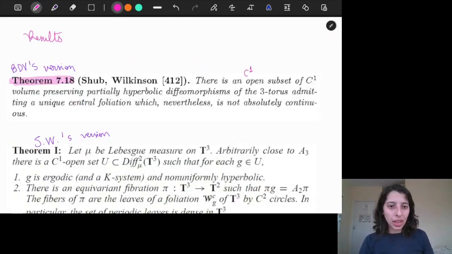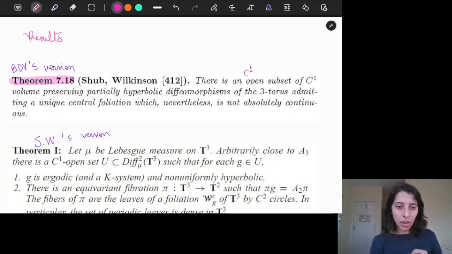This result in Michael and Amy's paper is part of a bigger result that has other conditions on the family of maps we are getting, but there is a simple version in the Bonatti, Diaz, and Viana book, Dynamics Beyond Uniform Hyperbolicity.